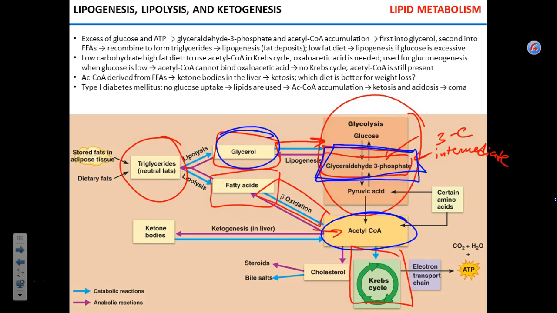Okay? And you're going to convert it to fatty acids. Does that make sense? And since you constantly remove the products of glycolysis, products of all this glucose breakdown reactions, you remove glyceraldehyde 3-phosphate, you remove acetyl-CoA, the whole process keeps going.